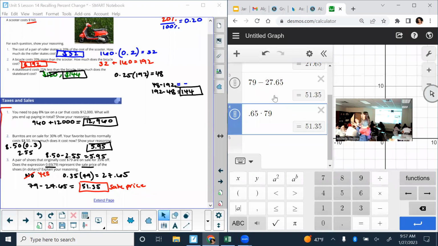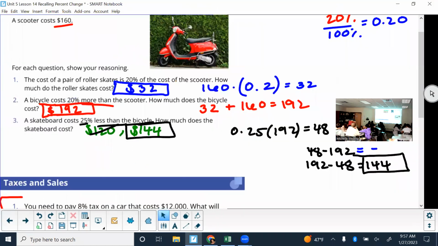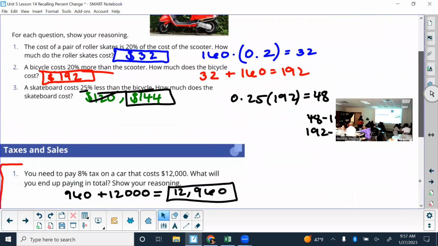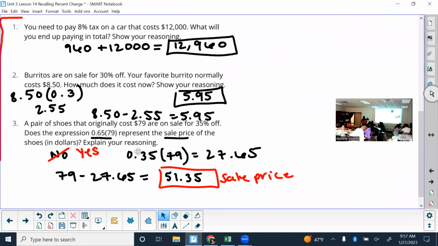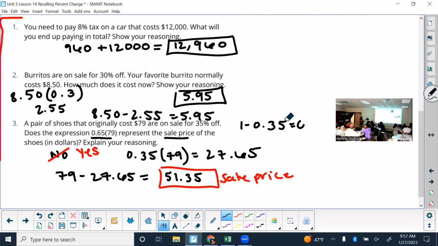So instead of figuring out what the discount is and subtracting it, you could also figure out what remains of the cost, which you get from 1 minus 0.35. You get 0.65, and then times that to the total cost. So that's another way of getting the same answer, the sale price, maybe even a faster way. So that's pretty good. Questions on number 3?